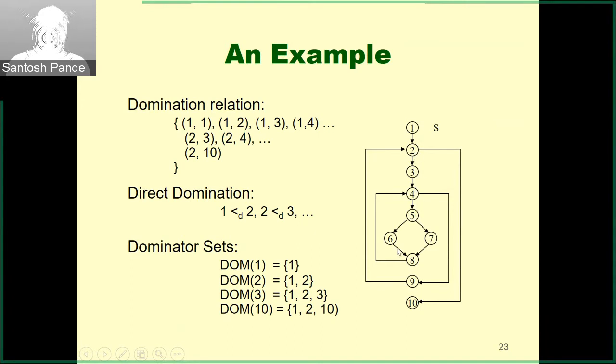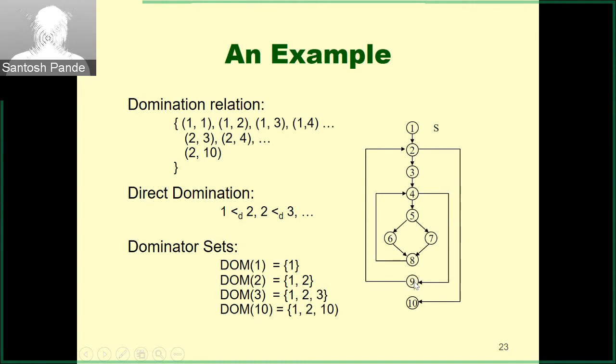So collecting all these, 5, 6, 7, 8, as well as 9, because you can see that the control comes here as well, finally, and this dominates that. There's no way to reach this particular one from 1 unless I go through 2. And so all these nodes are dominated by me.